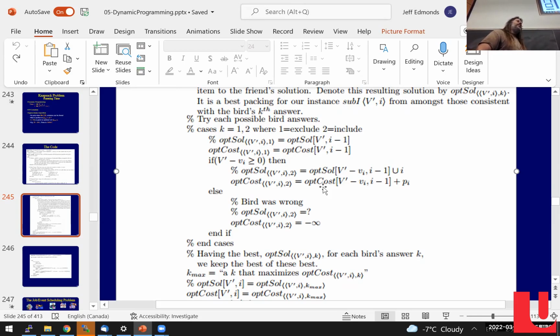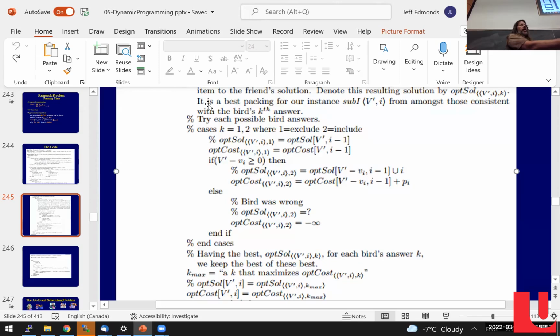Yeah, we don't trust our bird, because we are trying all possible bird answers. The truth is we don't have a bird option. We just did the longest common subsequence example, and there I had a big if, which said, if the last 2 characters are equal, then this has to be the solution.